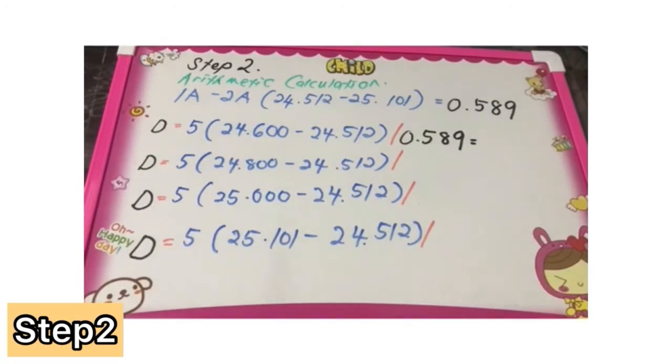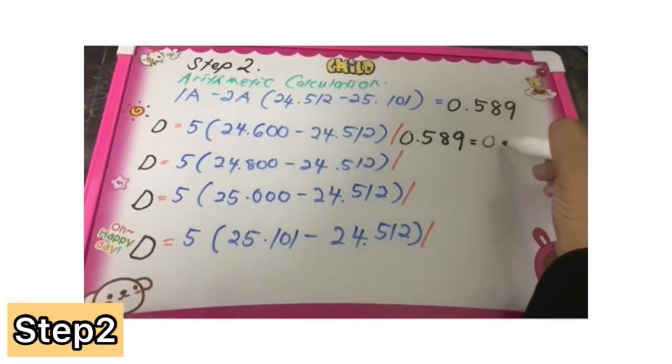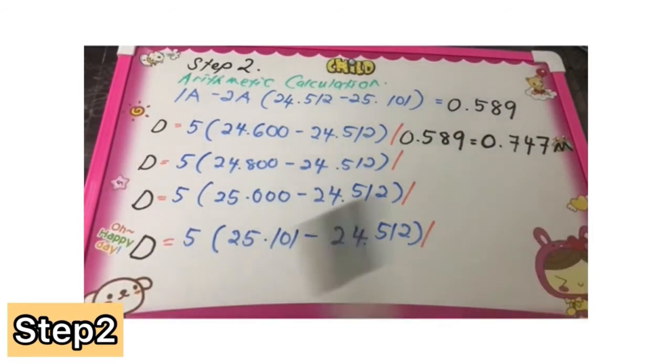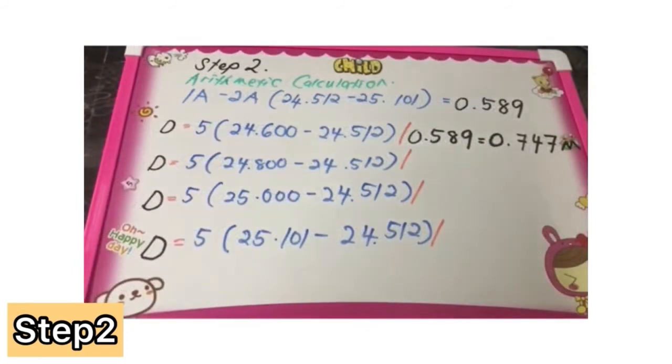And press the calculator, and here the answer that we got for this point is 0.747 meter. And then done, and this is the answer for the 24.600 meter contour.